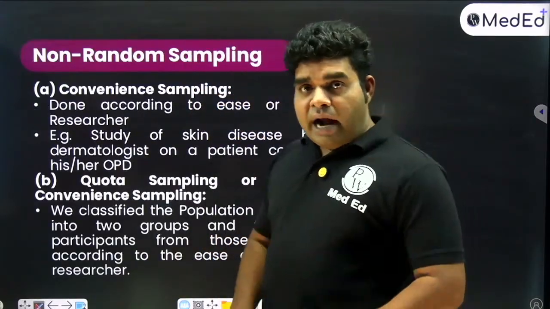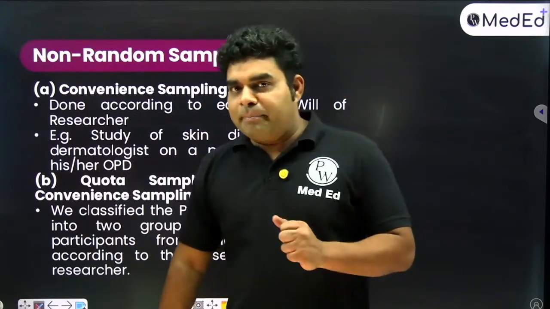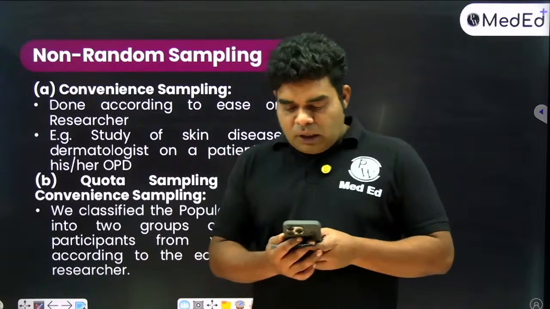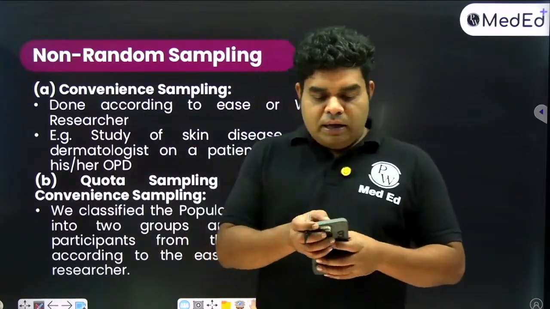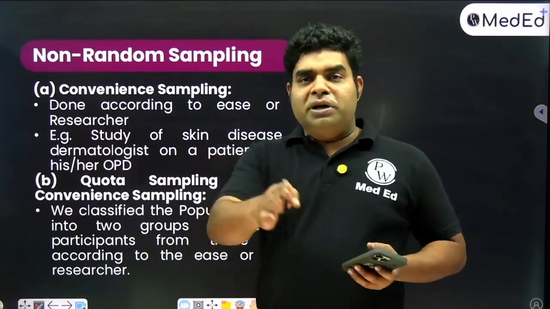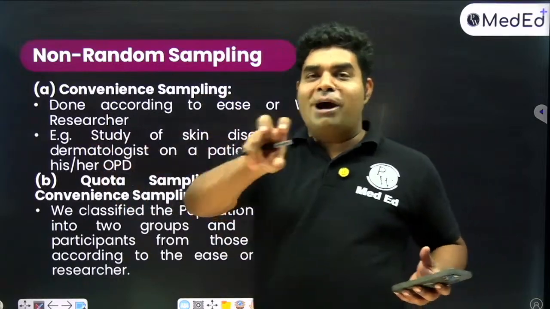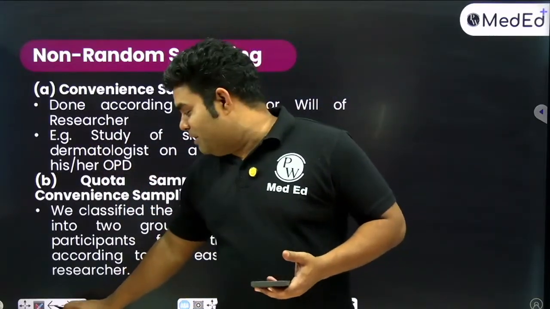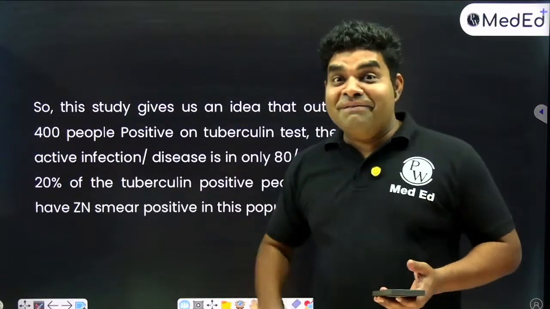Now, random sampling is done. Let's revise the random sampling, and I expect you to answer me. Tell me, if I choose people after dividing them into different groups of boys and girls, I choose 5 from boys, 5 from girls, which sampling? If I choose 5 from boys, 5 from girls, that means it is simple random sampling.